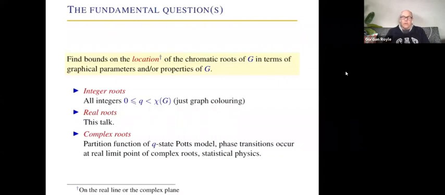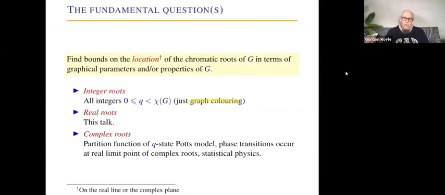The integer roots: you're just asking whether there is any coloring with a fixed number of colors. So that's just graph coloring. Well, when I say just, I mean, it's a huge topic, and we've already seen a couple of talks that have mentioned a lot about graph coloring, but from a chromatic polynomial perspective, it's out of scope.